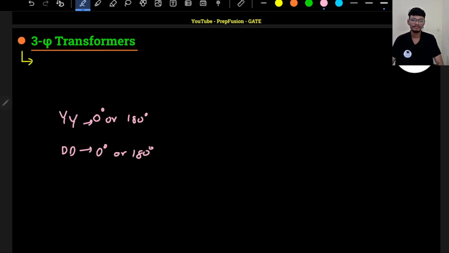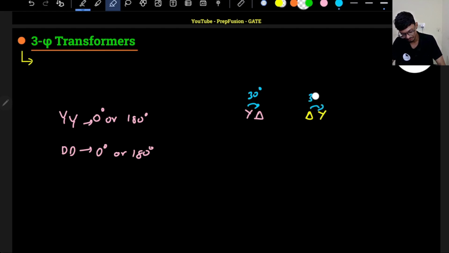But if I try to do delta to star, or star to delta, you will always observe a phase shift of 30 degrees.